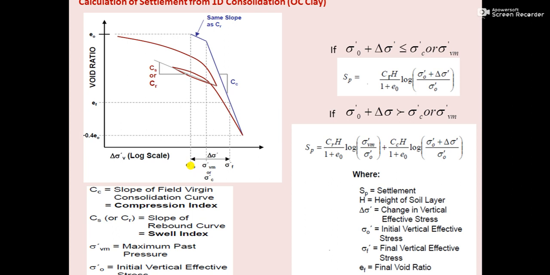And वो 30 स्टोरी का बिल्डिंग जितना इंक्रीमेंटल स्ट्रेस क्रिएट करता है, that incremental stress if you add with the initial stress which is there after the removal of the hill from the soil is more than that. So the condition is here: this sigma naught dash plus this delta sigma is greater than this sigma Vm dash.